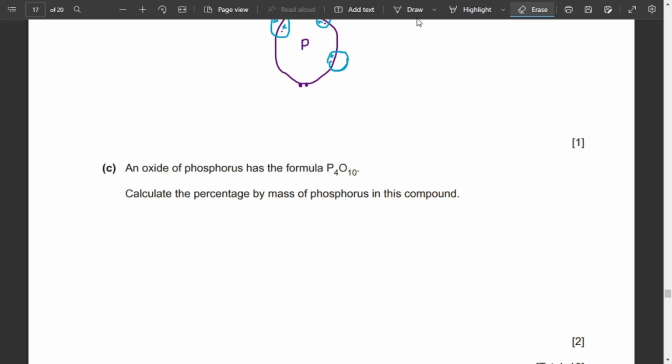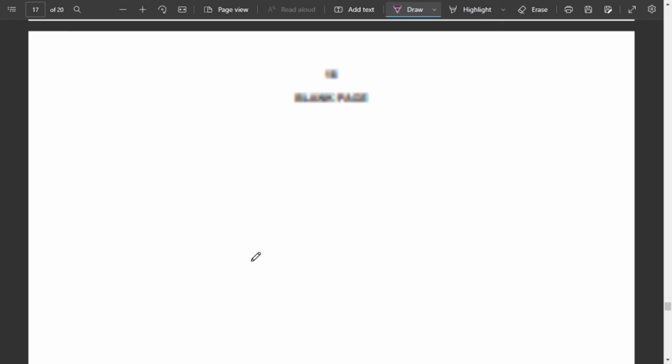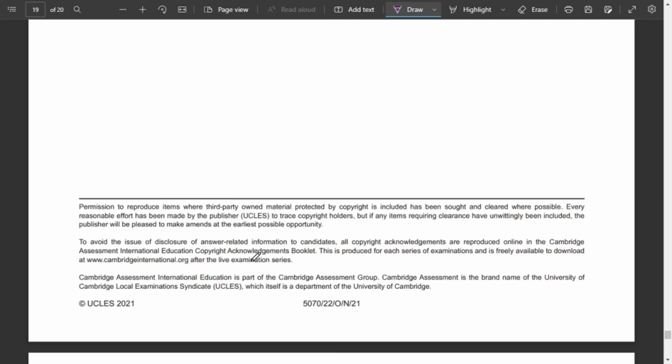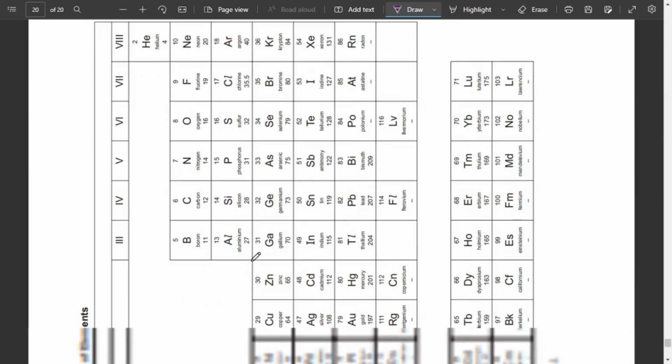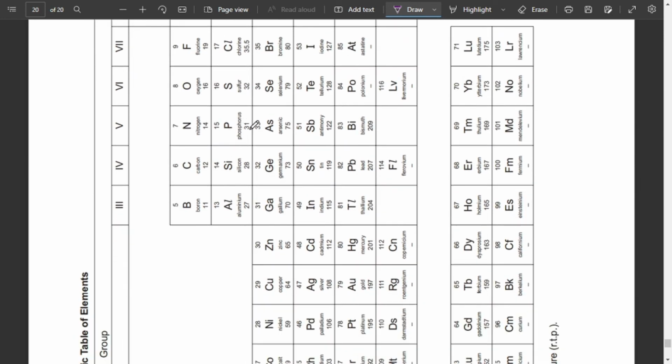Let's look up phosphorus. Phosphorus is 31, and we will divide 31 by the total mass of the whole molecule.